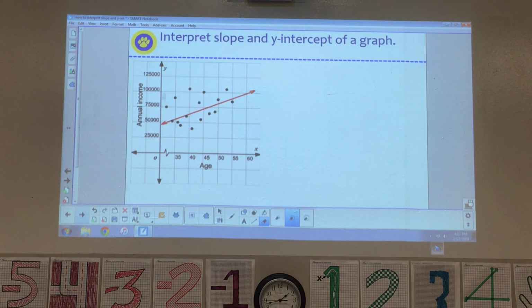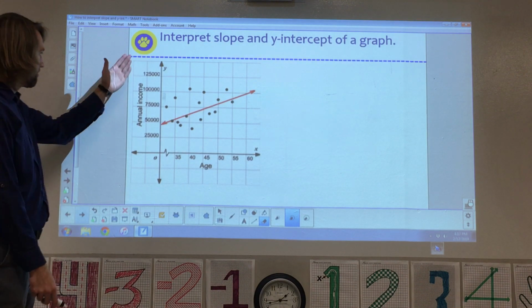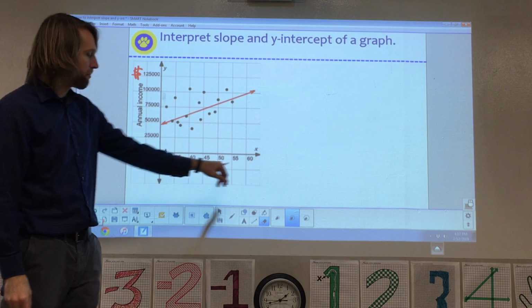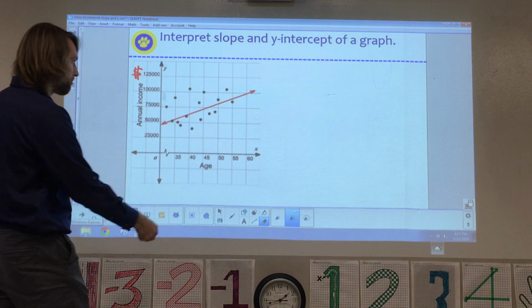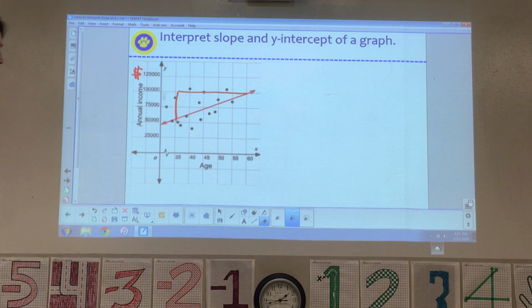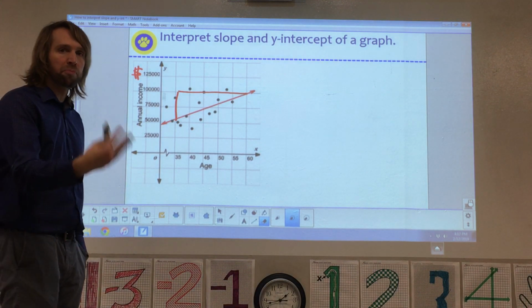If I take a look at the last one, I'm going to take a look at the annual income. That's over here, so that's in money. And then we're talking about age over on this side again. Doesn't really matter where I'm at, I can find a few key spots. How is this increasing? How would I explain the slope?